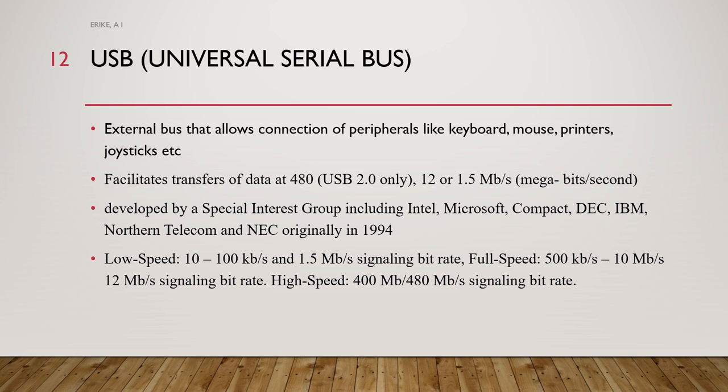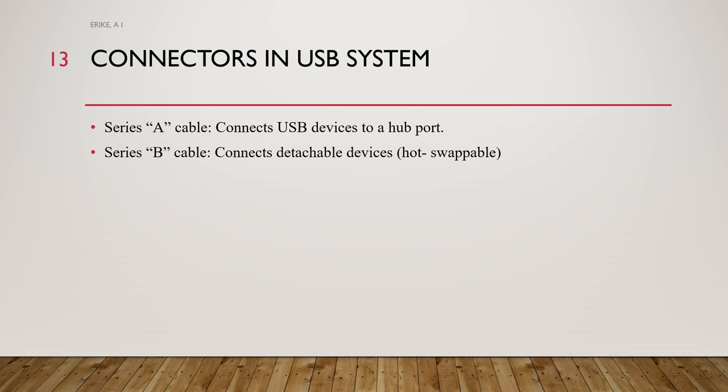Now, connectors in USB. The connectors in USB are the serial A cable and the serial B cable. The serial A cable usually connects USB devices to a hub port, whereas the serial B cable usually connects detachable devices.